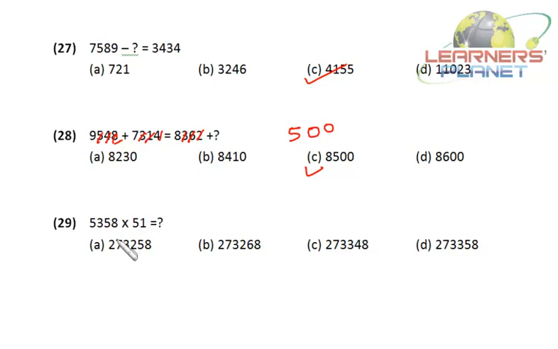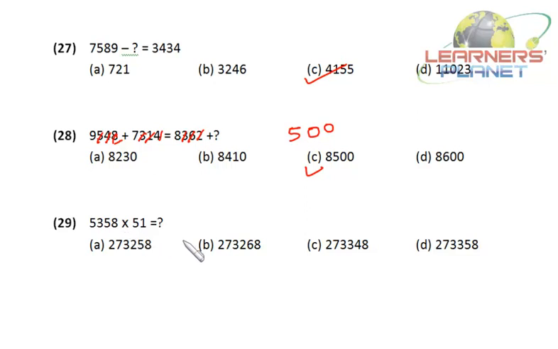It's 5358 into 51. In this problem, 5358 into 51. See, 5358, that is 5 plus 3, 8, 8 plus 5, 13, plus 8, 21. So 5358 is a multiple of 3 and 51 is also a multiple of 3. So the entire expression will be a multiple of 3 into 3, that is 9.